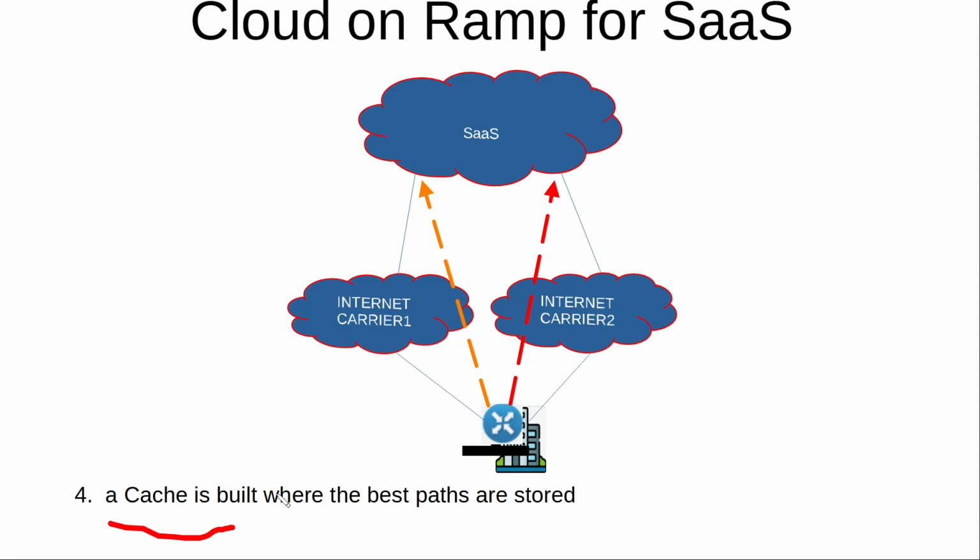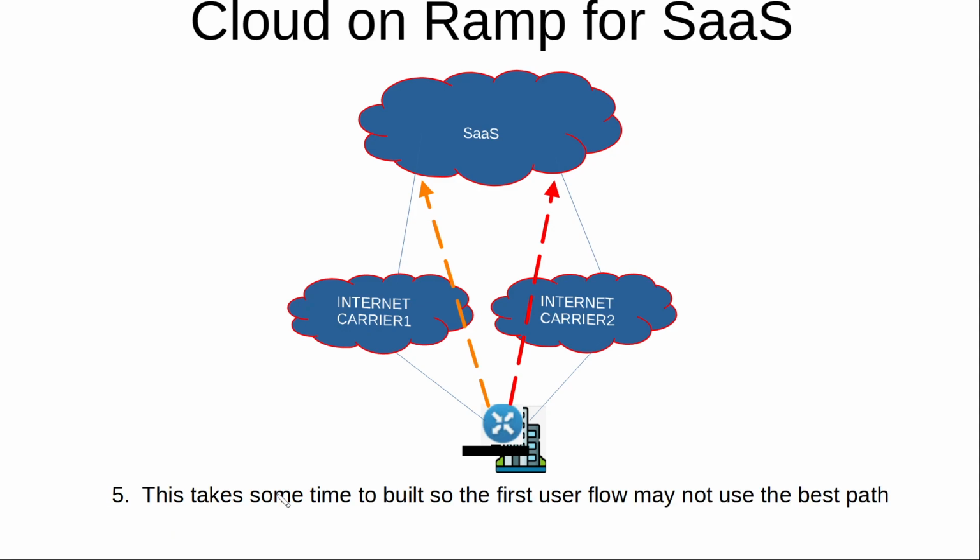So the flows that are coming from the users will use this cache in order to know what is the best path available. Notice that this cache takes some time in order to get built, so probably some flows coming from end users may not use the best path if they are the first flows that are being analyzed by Cloud on RAM for SaaS.